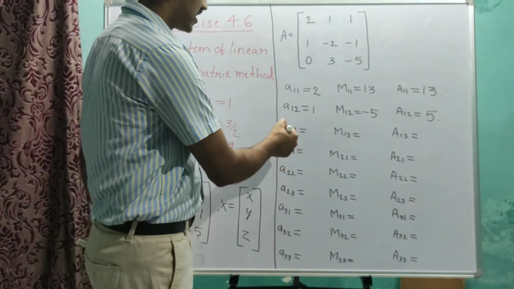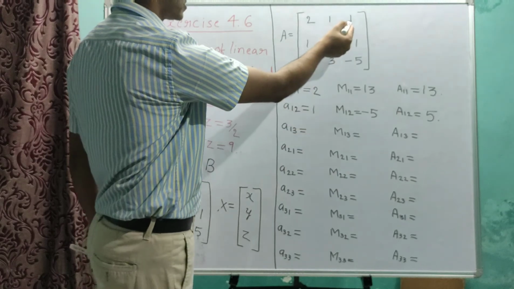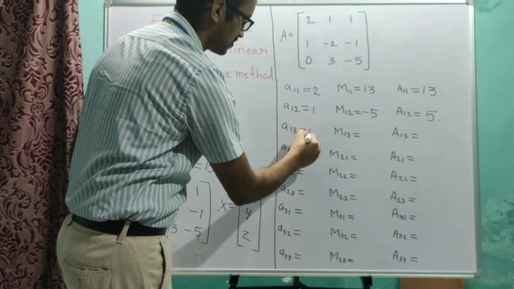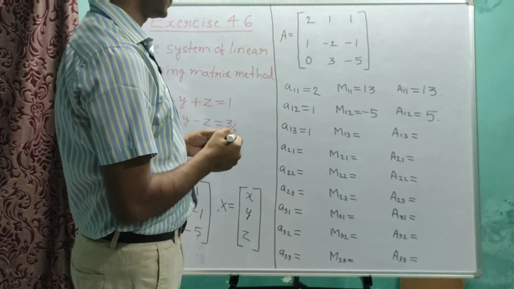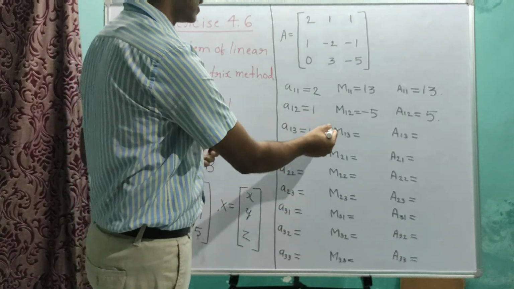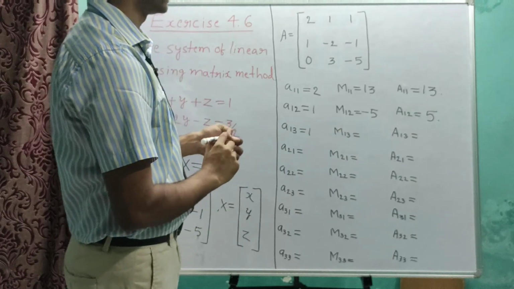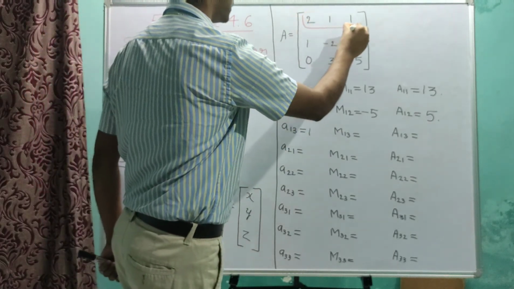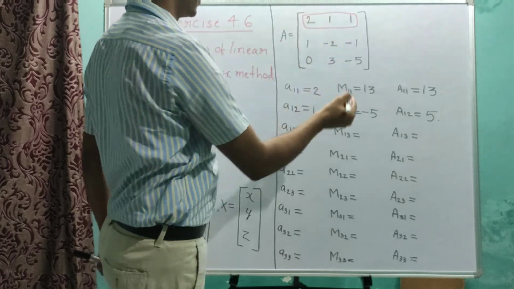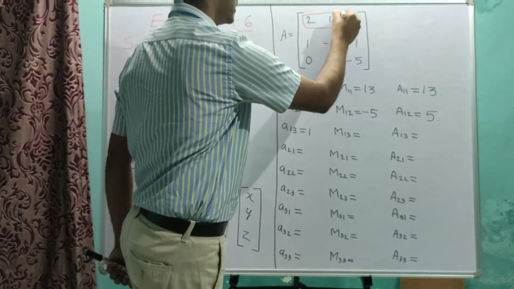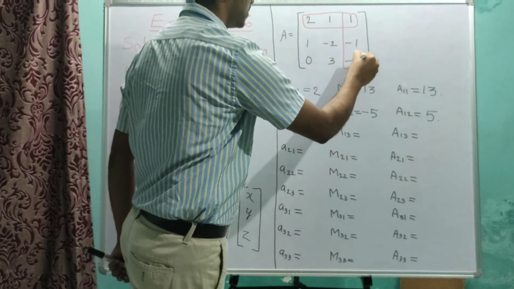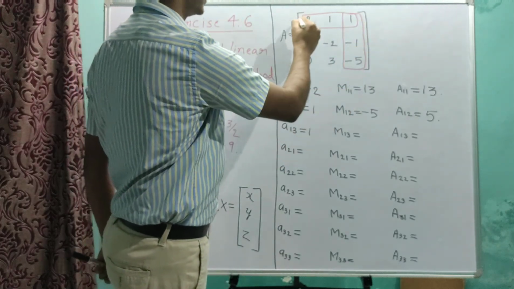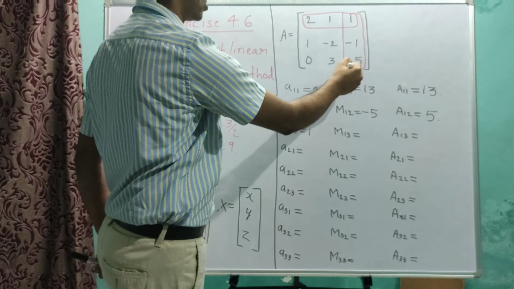Now A13 means the third element in the first row, that is 1. Its minor is denoted by M13, which is equal to, again, exclude the elements in the first row as well as the third column, because this A13 lies in the first row, third column.